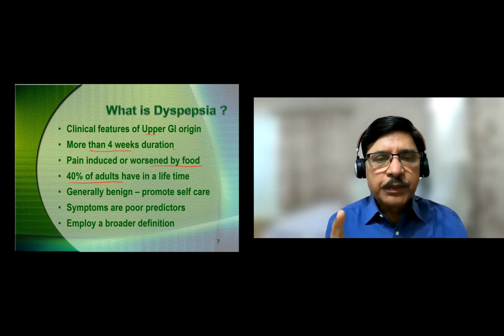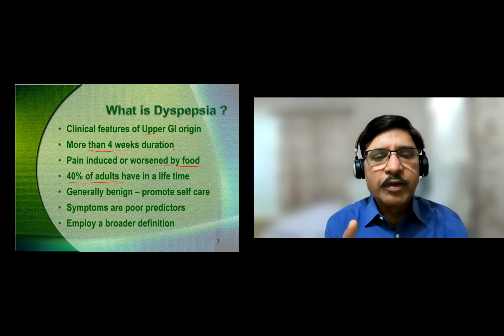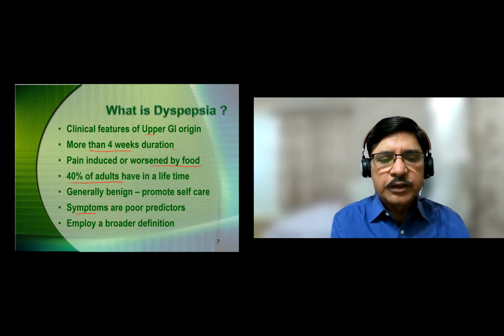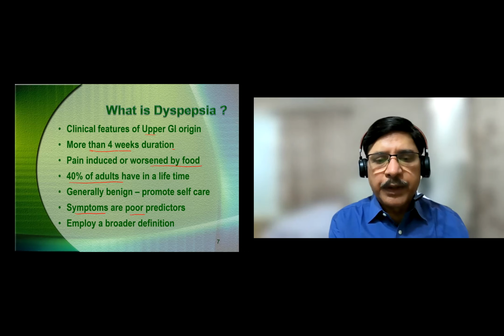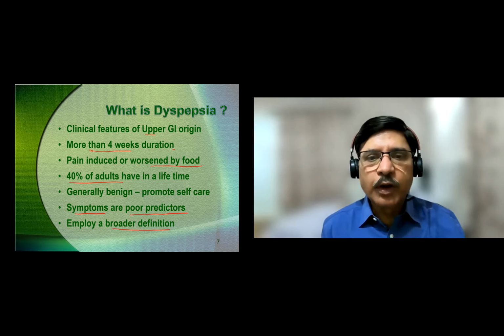Symptoms, remember, are poor predictors. A patient may be very heavily symptomatic, but may not have a serious disease. Another patient, symptoms are very mild, he may be having gastric cancer. So you cannot depend on the symptoms as the predictors for the diagnosis. Okay, but then they're important. You have to use a broader definition. So what does this slide tell me?